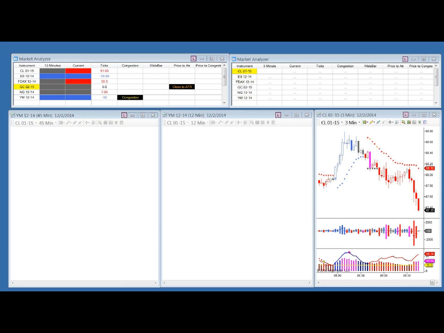Now the other option that y'all have, and I have done this before, like if you're with AMP, you can actually have 2 account logins. And if you have 2 account logins, then you could actually have NinjaTrader on with the market analyzer on one computer and all your charts on the other one. I've done that too.